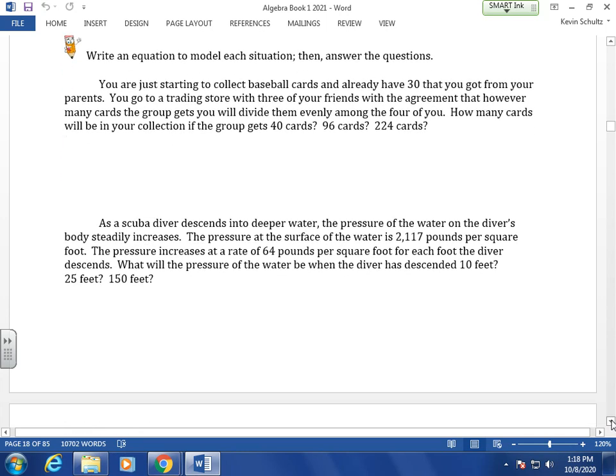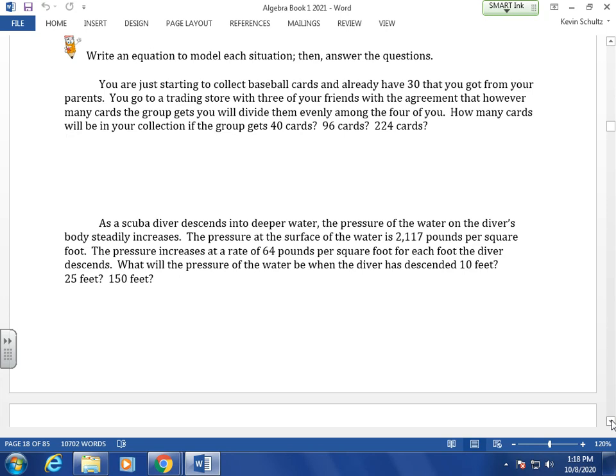This is where you get to practice setting up the equation yourself. It says you are just starting to collect baseball cards and already have 30 you've got from your parents. What does that 30 represent? Is it the coefficient, variable, or the constant? Linnea. It's the constant. Why? Because that's what you already have.